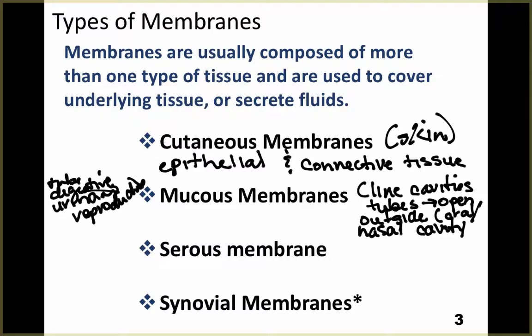And so the mucous membranes normally consist of epithelium that has an overlying, so the epithelium is over normally a layer of what's known as areolar connective tissue.